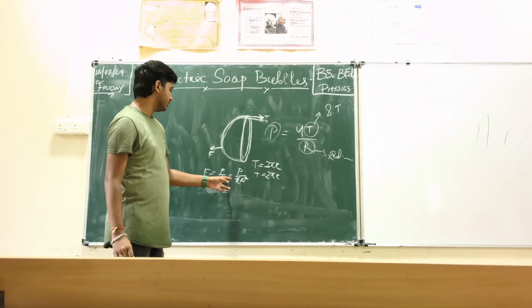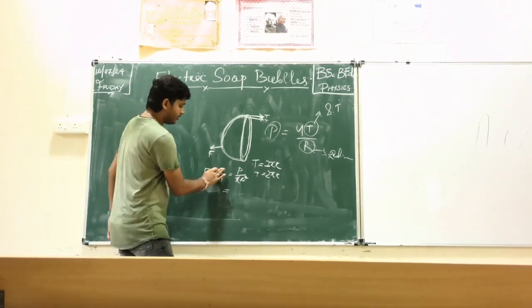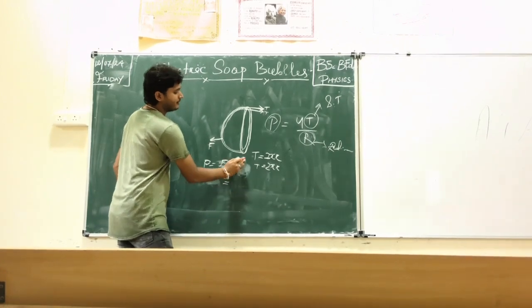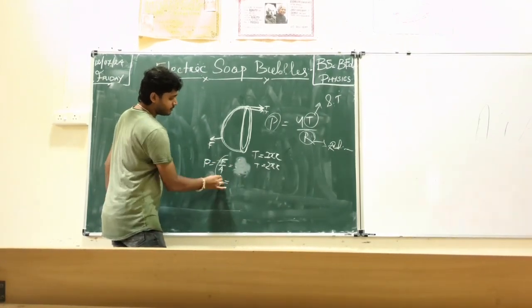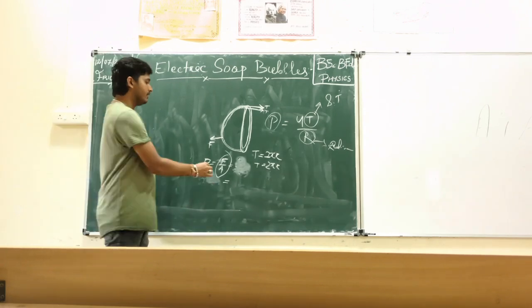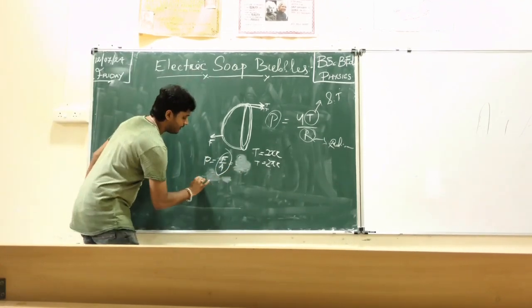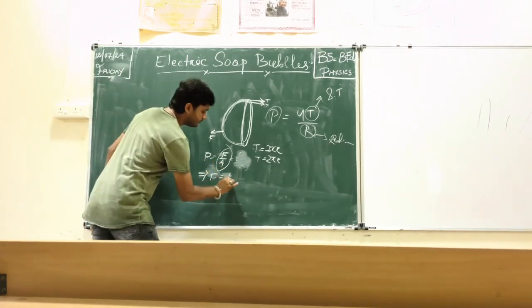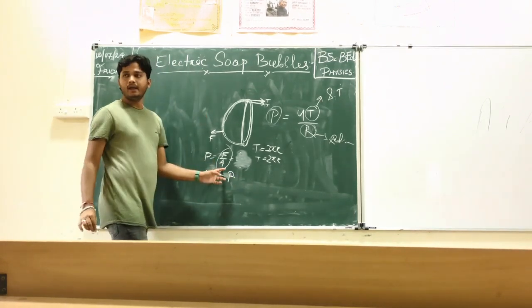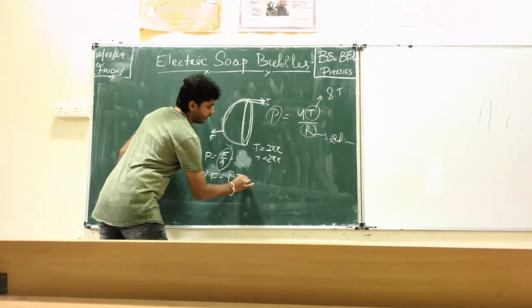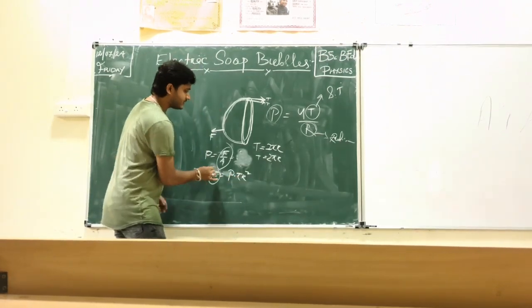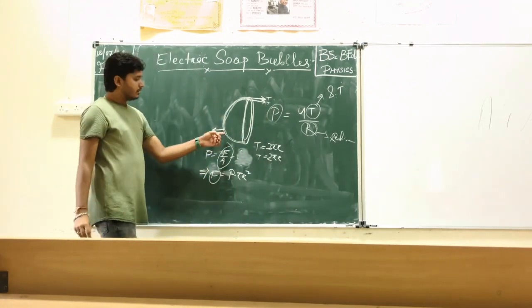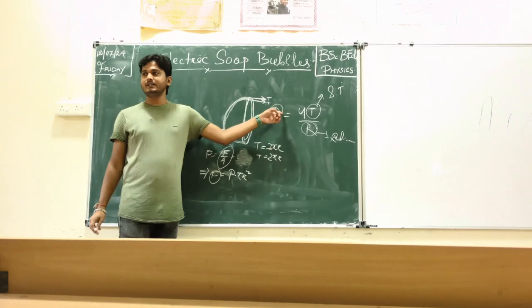So if pressure is force upon unit area, then what is force? Pressure into area. So P into A. Here the force is equal to these two tensions. The outer force is equal to this tension.